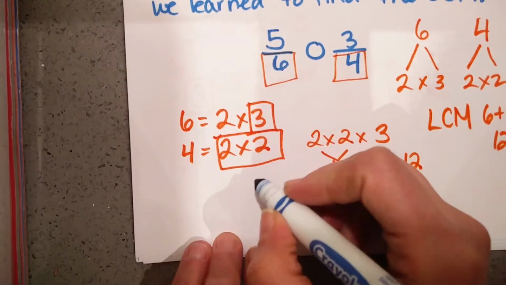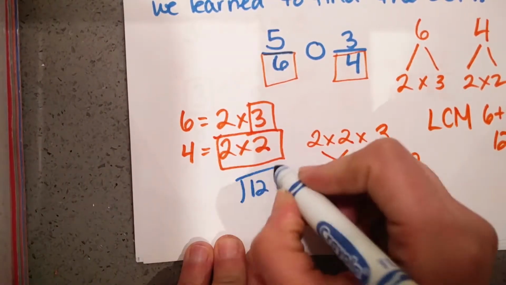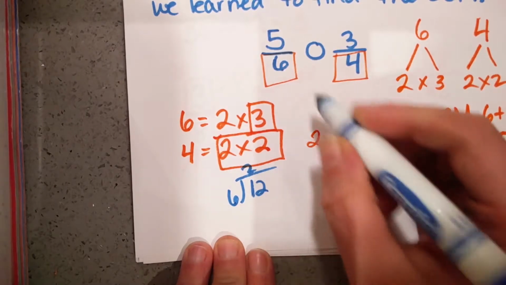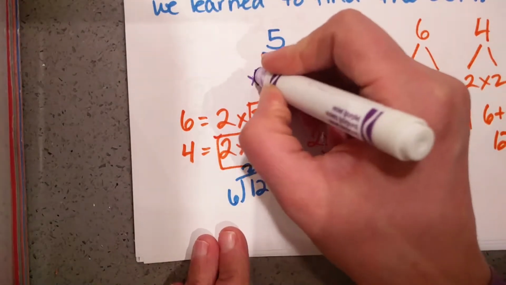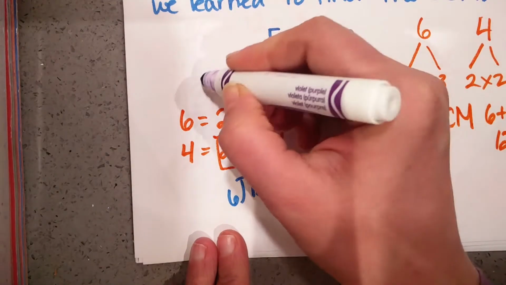Well, one way that you can figure it out is do 12 divided by 6. And you know that gives us 2. So I know that I have to multiply the 6 by 2 to get us 12.